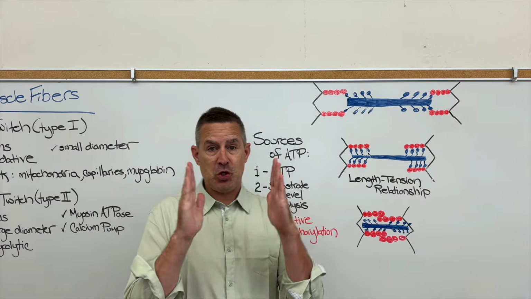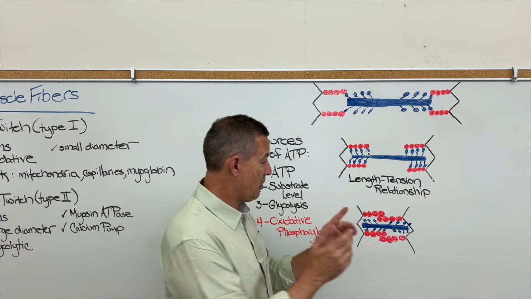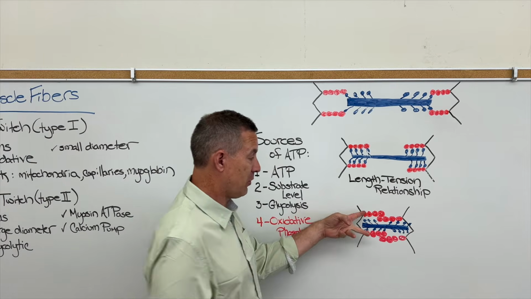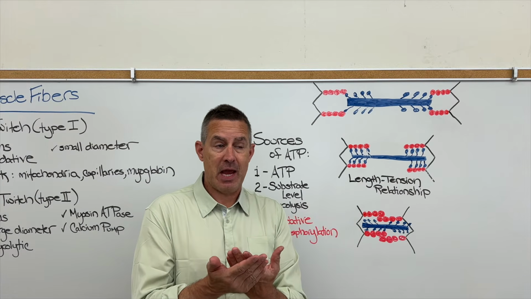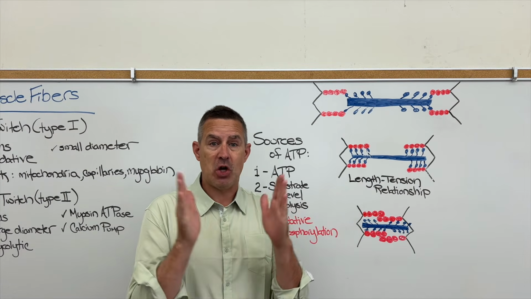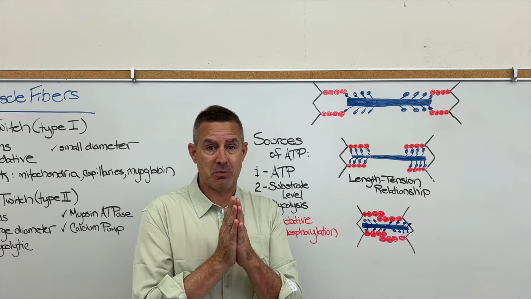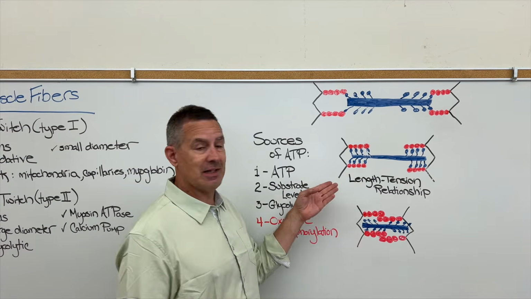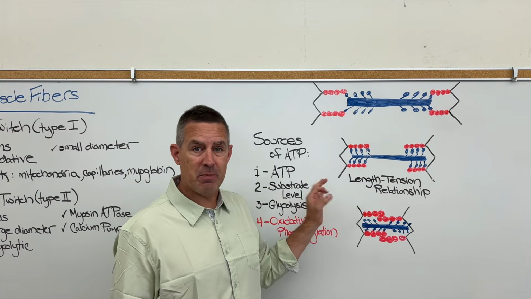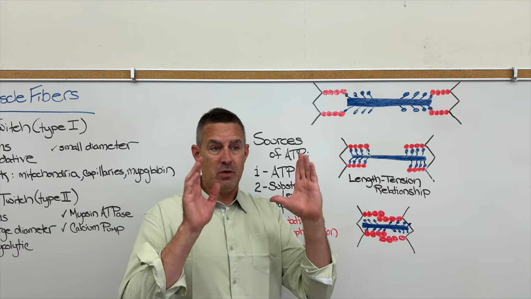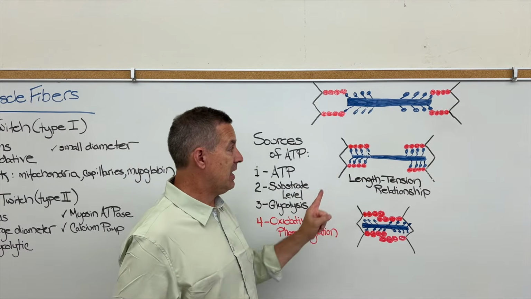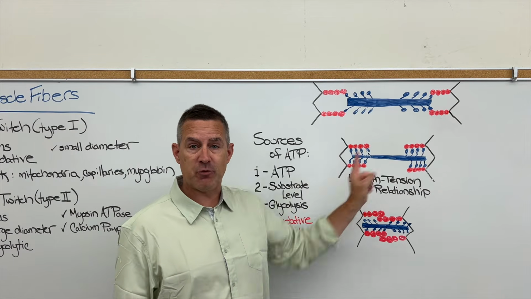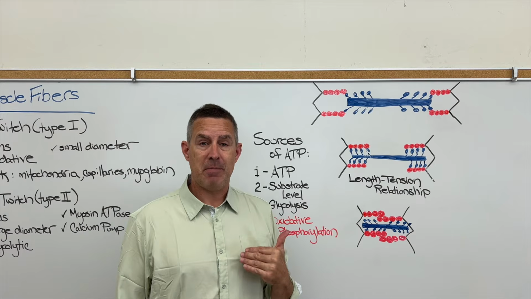And if it's too short, too contracted, where the thin filaments are overlapping right here, there's no diminishment that can happen of that H zone because it's diminished already as far as it can possibly go. So the length tension relationship has everything to do, one, with the width of the H zone, but more importantly, the number of cross bridge formations that have been created.